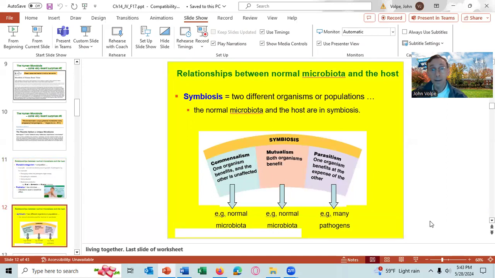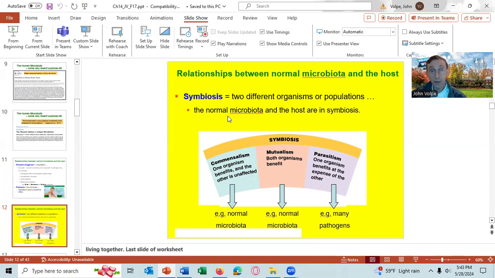All right, the relationship between the normal microbiota and the host is one of symbiosis. Symbiosis is where two different species of organisms or two different populations live together. It can be in harmony, but it doesn't have to be. It can be pathogenic in symbiosis.